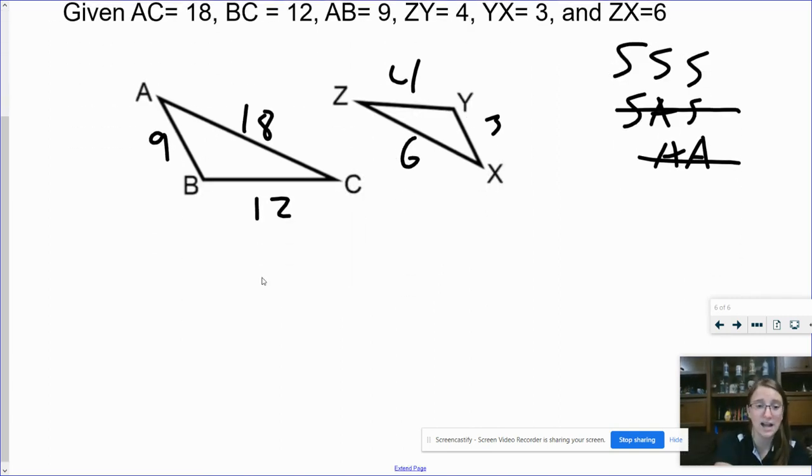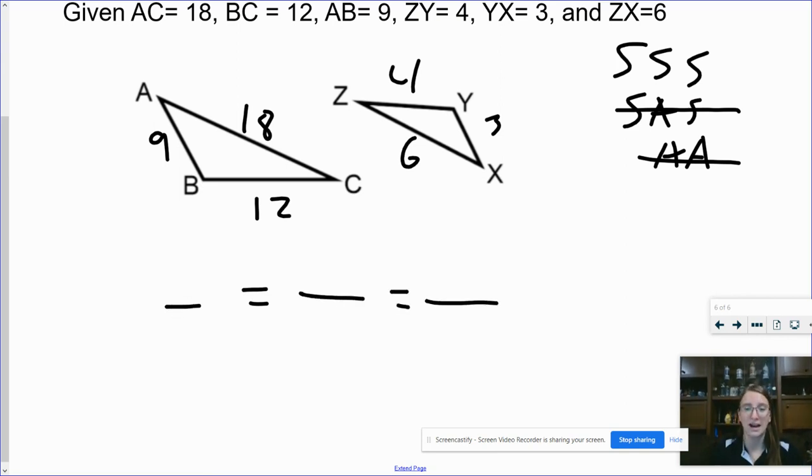Because we're dealing with sides here and we have 3 sides, we're going to go ahead and make our 3 fractions. Once again, we are taking one side from one shape over the corresponding side from the other shape. We have to match them up carefully so that my small sides go together, my medium sides go together, and my big sides go together. Go ahead and give it a shot.